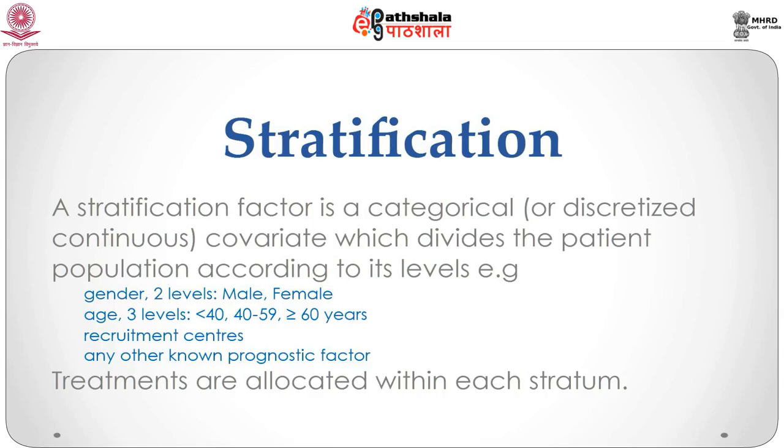So, say we have measured in addition to treatment several covariates including gender, which has 2 levels, male and female, age, which we can choose to categorize in terms of 3 levels, say less than 40, 40 to 59 and greater than or equal to 60, recruitment centers, any other prognostic factor and so on. In this case, we do not perform the allocation overall, but treatments are allocated within each stratum.